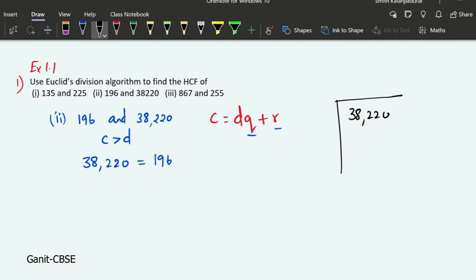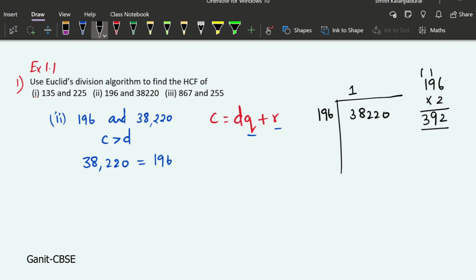38,220 is going to be divided by 196. We are going to find the quotient using trial and error. Let us multiply by 2. 6 times 2 is 12, remainder 1. 2 times 9 is 18 plus 1, 19, remainder 1. 2 times 2 is 4, plus 1, so this is 392, which is greater than 382.